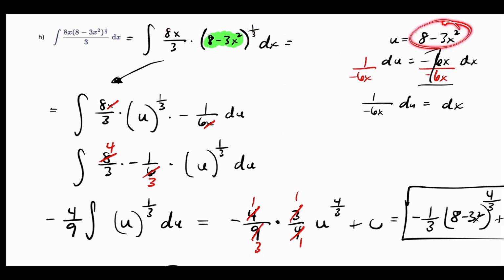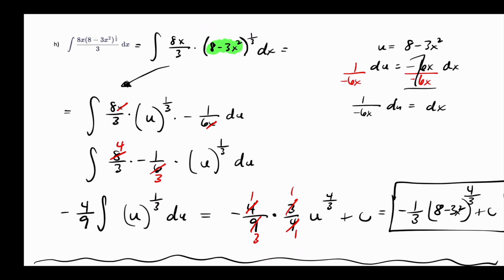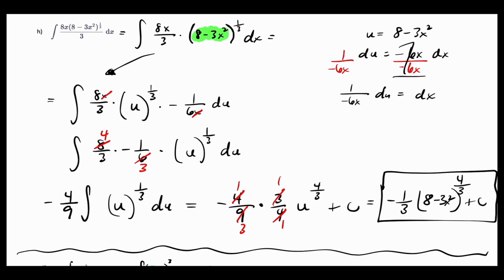So that becomes your u, and you go from there. And I got negative 1/3 times 8 minus 3x squared to the 4/3 power plus c.